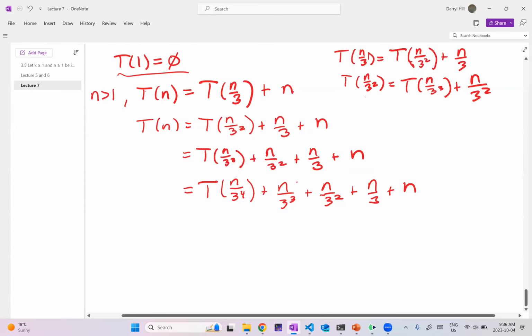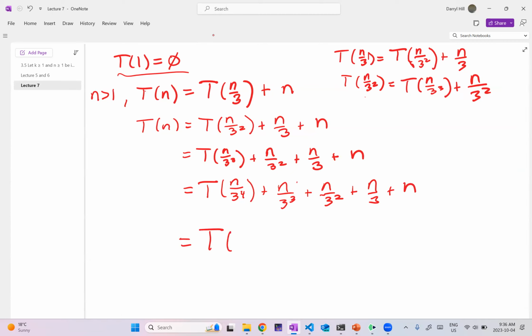So again, I'm assuming I go down k levels. T of n over 3 to the k plus n over 3 to the k minus 1.